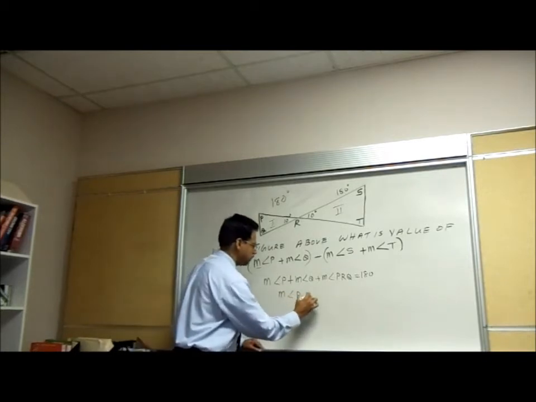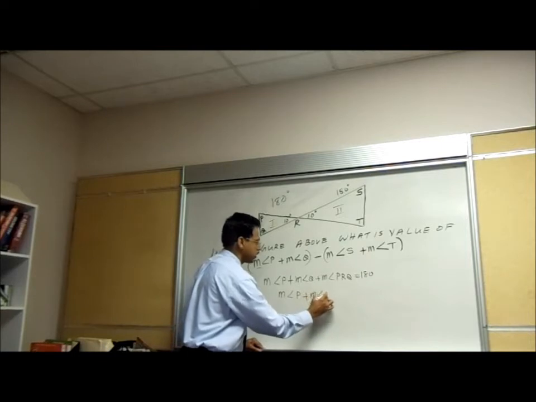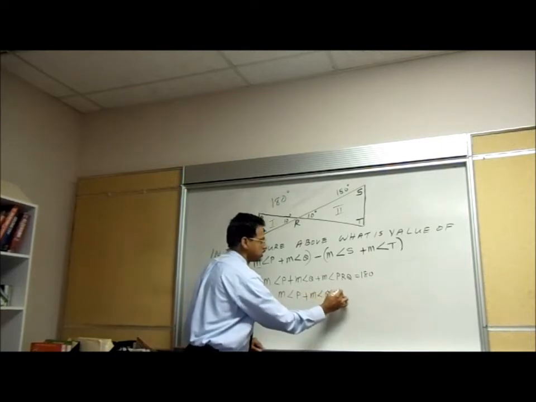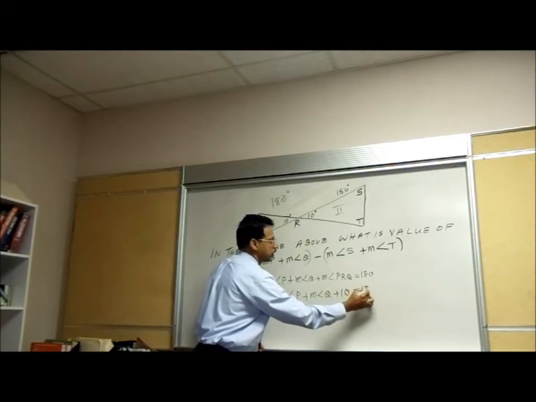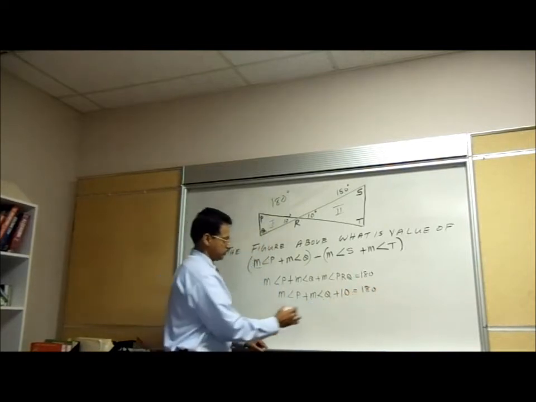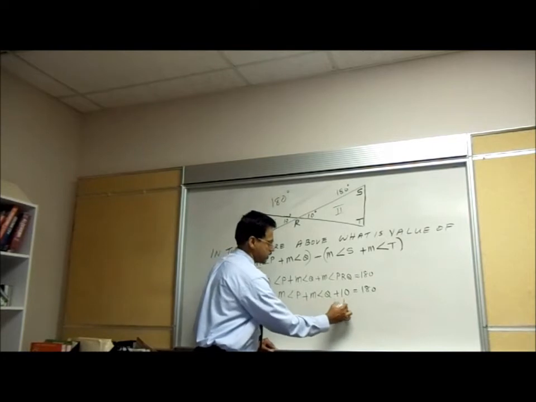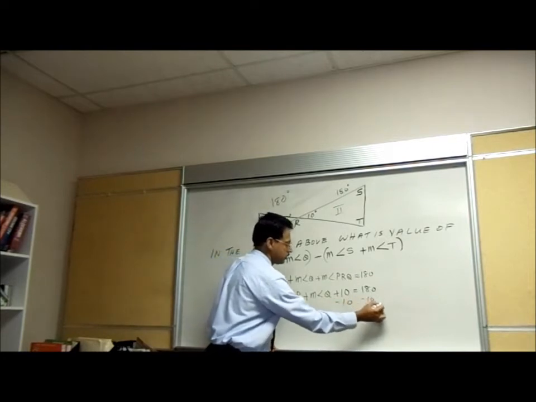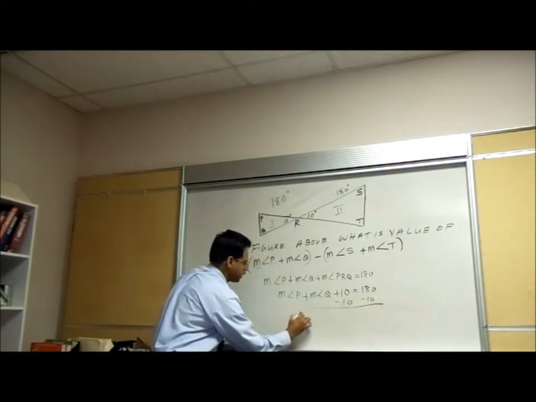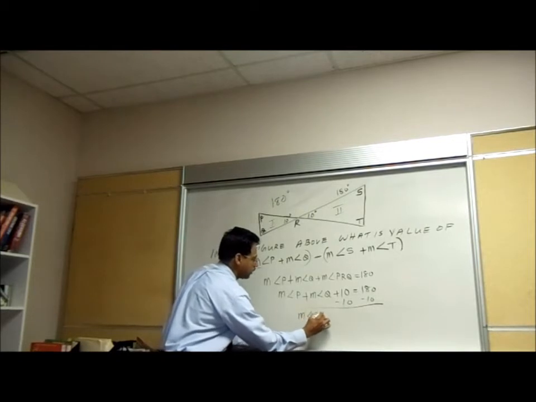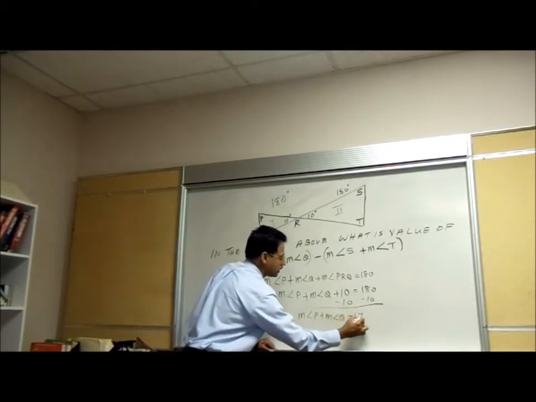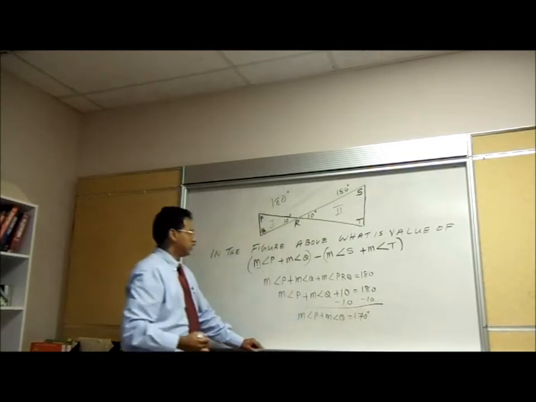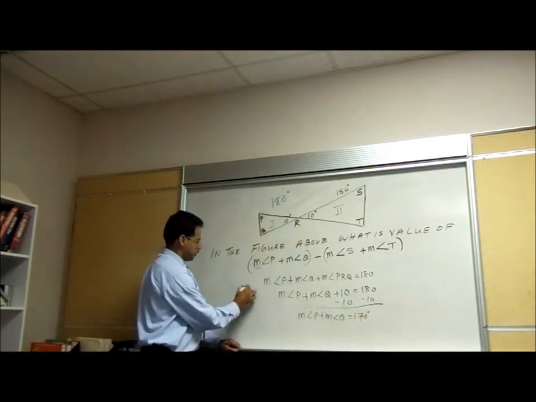That's measure of angle P plus measure of angle Q plus 10 equals 180. We subtract 10 from both sides. So that gives measure of angle P plus measure of angle Q equals 170 degrees. So that's for the first triangle.